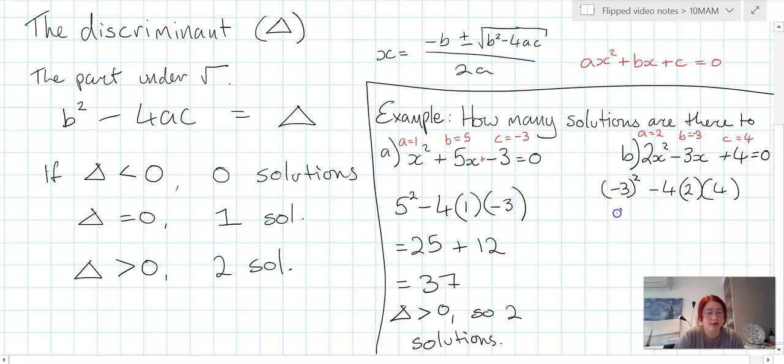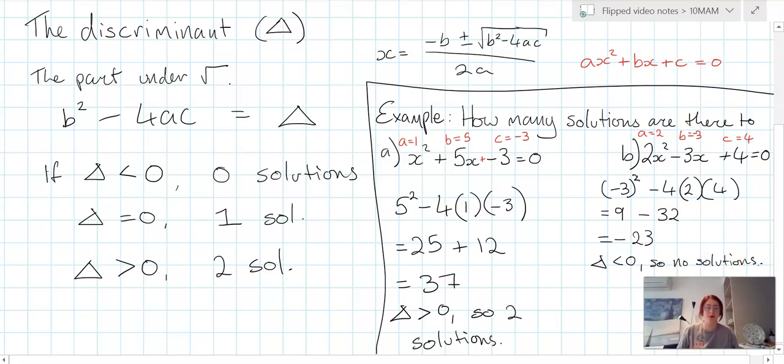So that's going to give us 9 minus 4 times 2 is 8, times 4 is 32. 16, 24, 32, yep. So 9 minus 32 gives us negative 23. The discriminant is less than 0, so there are no solutions.